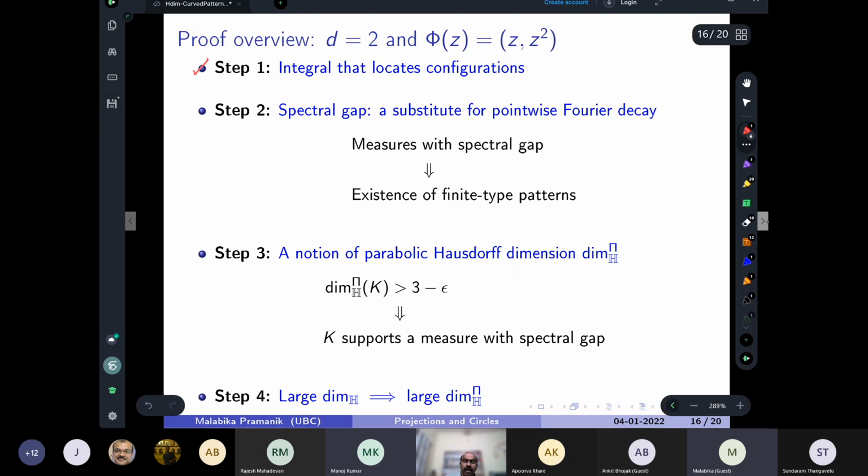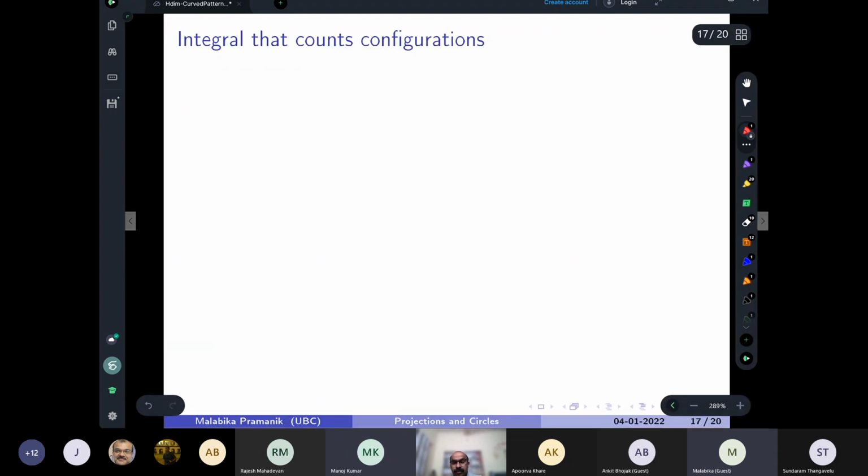So what is an integral that locates configurations? Let's remind ourselves that we have K a subset of R^2.